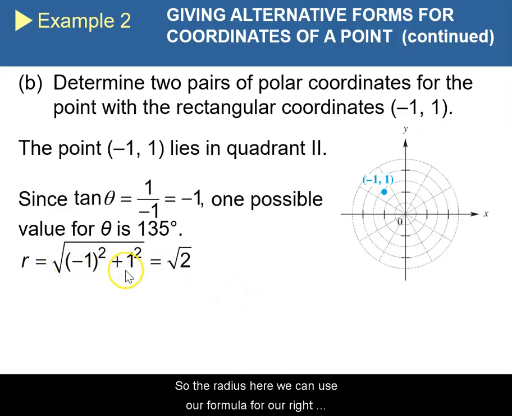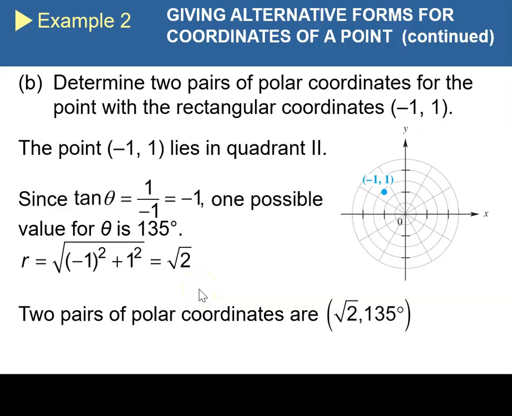So for the radius here, we can use our formula for r, the square root of x squared plus y squared, so that's going to be root 2. And so 2 pairs of polar coordinates are going to be (root 2, 135 degrees) and the other one would be (negative root 2, negative 45 degrees), right? That'll bring me down here, and then I can just go in the opposite direction.